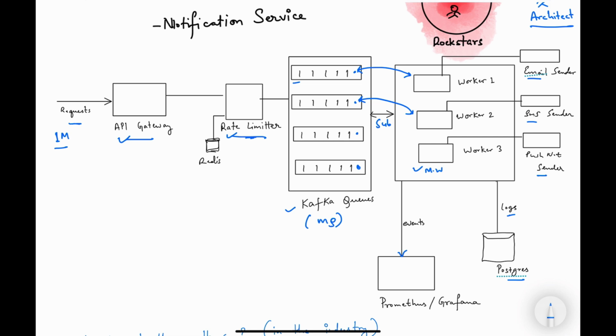Each worker serves a separate way of sending the messages, and all these workers are connected to a Postgres database to store the logs, and also to a Grafana service for event capturing or monitoring.